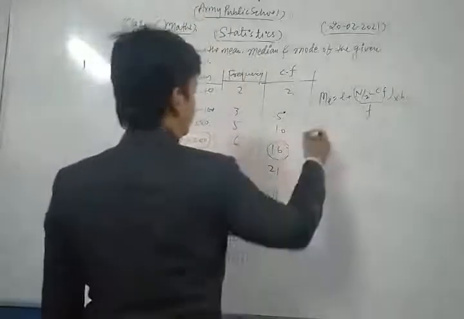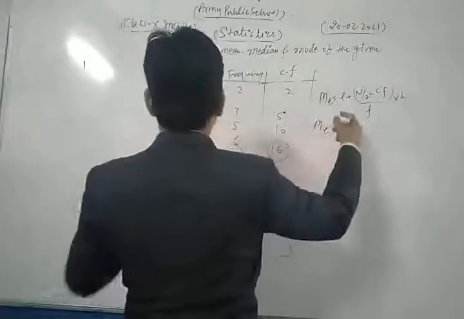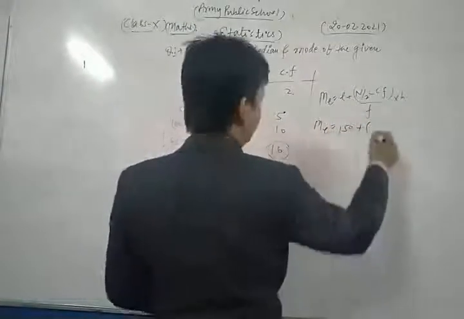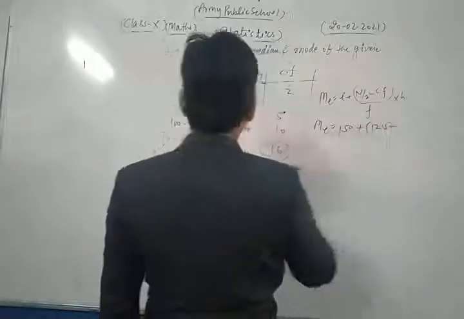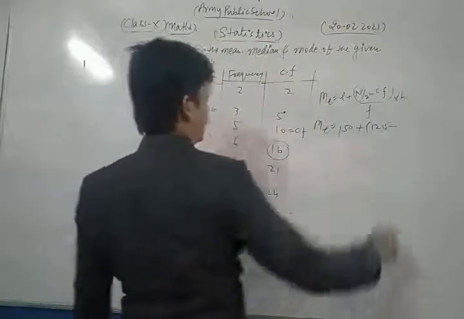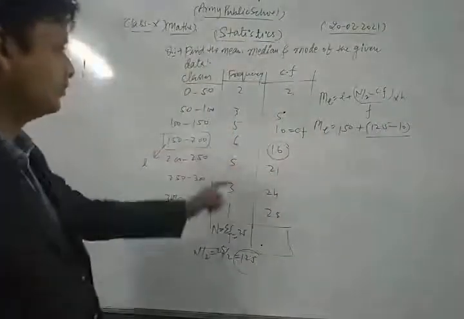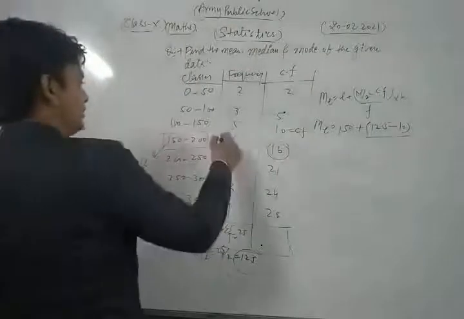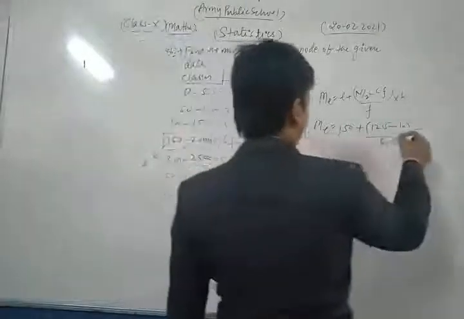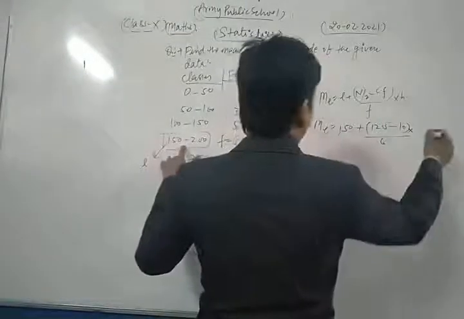So median is equal to the lower limit, 150, plus n by 2, that is 12.5, minus the cumulative frequency just preceding the median class, which is 10 here. In the denominator, f is the frequency of the median class, which is 6, and h is the class size, that is 50.